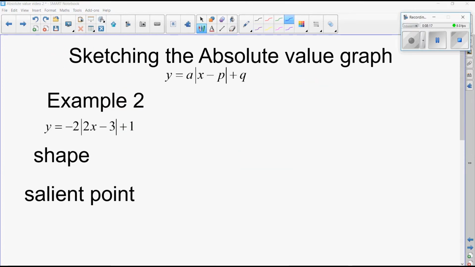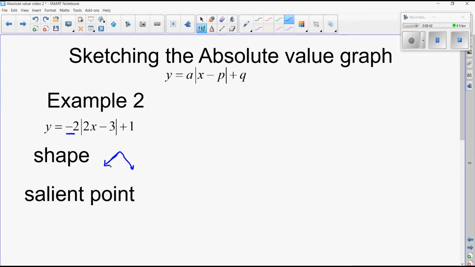So in example 2, we have y equals minus 2 times the absolute value of 2x minus 3, plus 1. The shape of the graph is dictated by the value of a, and in this situation a has a value of negative 2, so I know that this graph has this shape here.